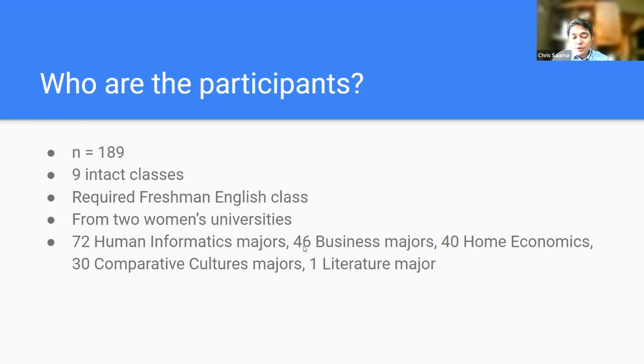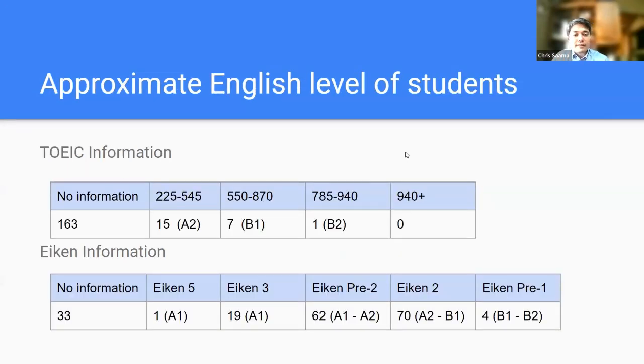And then there were 46 who were business majors, 40 were home economics majors, and 30 were comparative cultures majors, and one student was a literature major. I'm not quite sure if she meant English literature or Japanese literature. It just said literature.